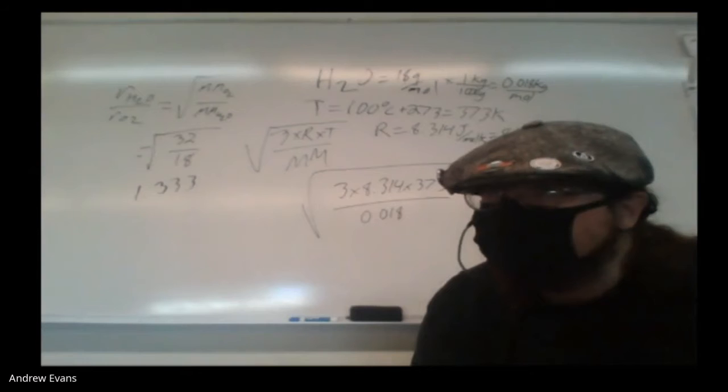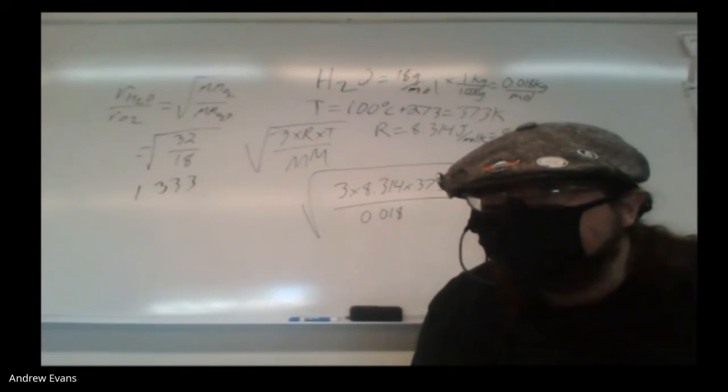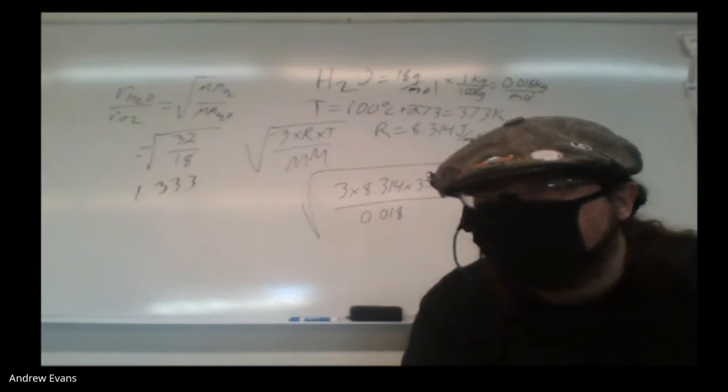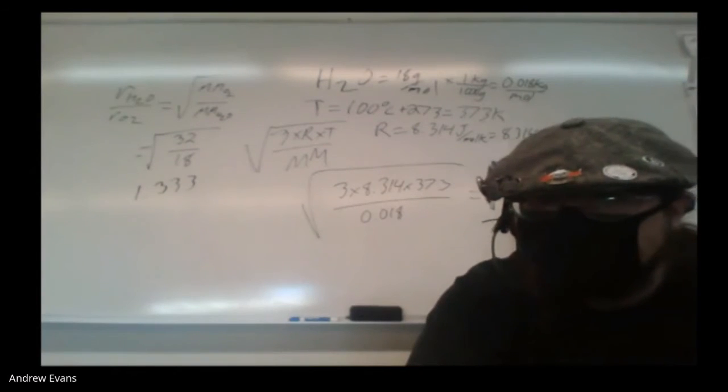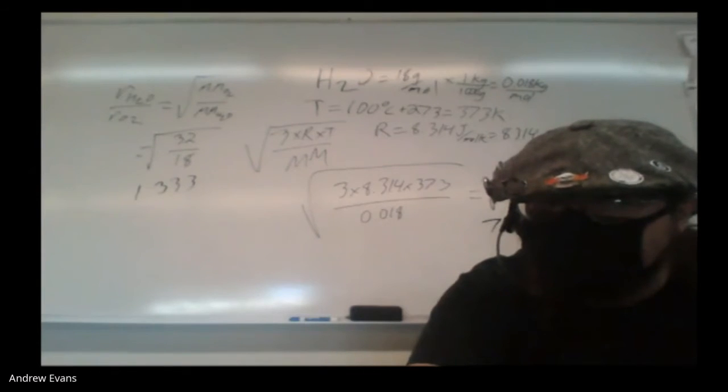So if oxygen is escaping at 1 per minute, steam is escaping, let's see, it would be 4 every 3 minutes instead of 3 every 3 minutes compared to oxygen. But 1.3 times faster. It's all a ratio.